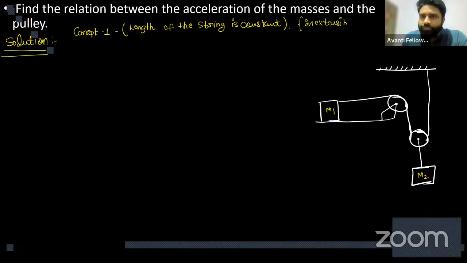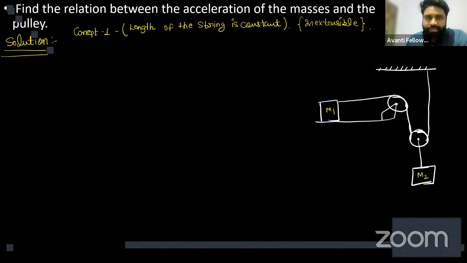The property of an inextensible string is that it cannot be extended, so the length of this string will be constant. There is a single string that we are using here, and it goes up. So the length of the string is constant.